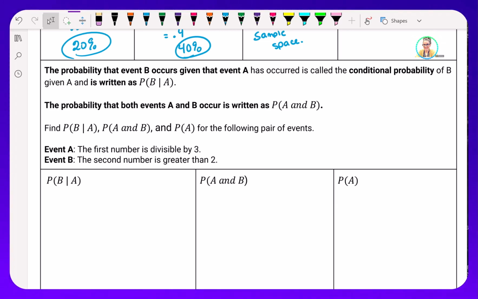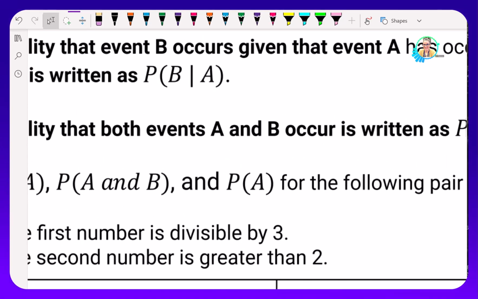Right here it talks about it. The probability that event B occurs given that event A has occurred, that's called conditional probability, and it is written like this right here. I'm going to zoom in on this for a second. We're talking about the probability of event B occurring considering, so this is the condition, that A has already occurred.